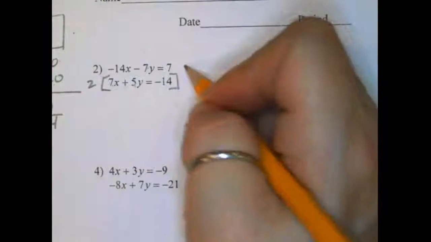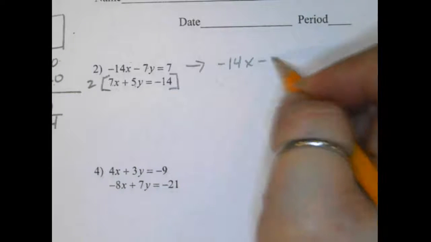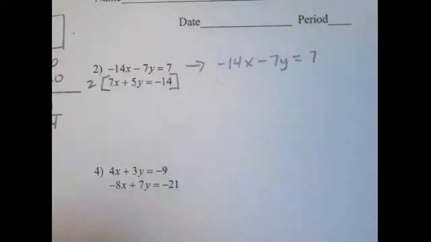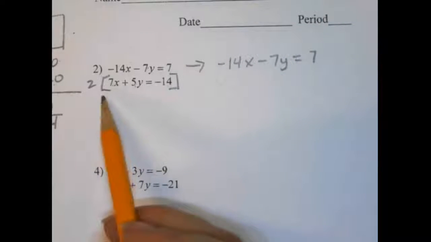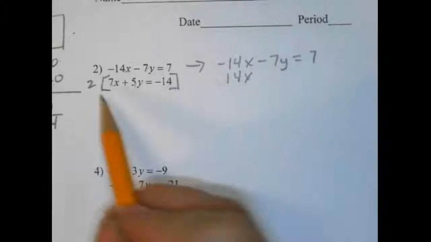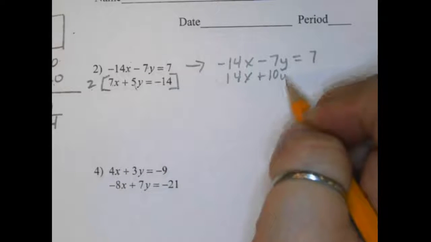Right? So then I just bring this over. I have negative 14x minus 7y is equal to 7. Now I'm multiplying this by a positive. So 7 times 2 is 14, positive 14. 2 times 5 is a positive 10y.